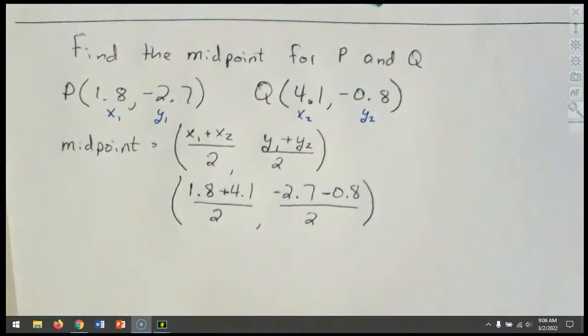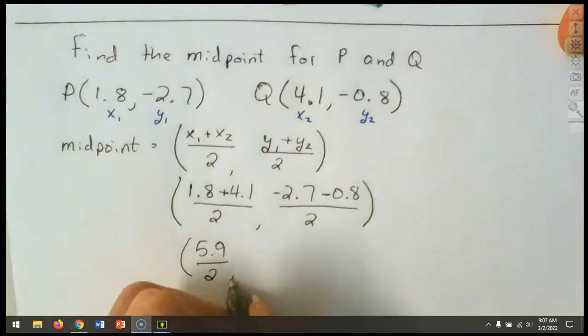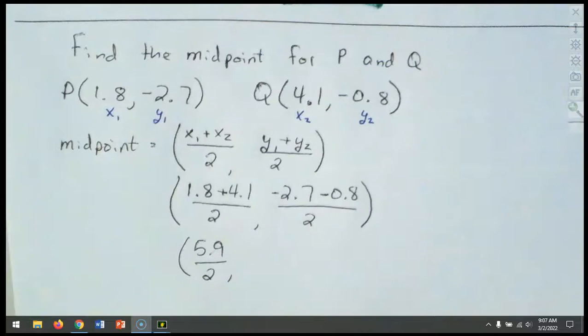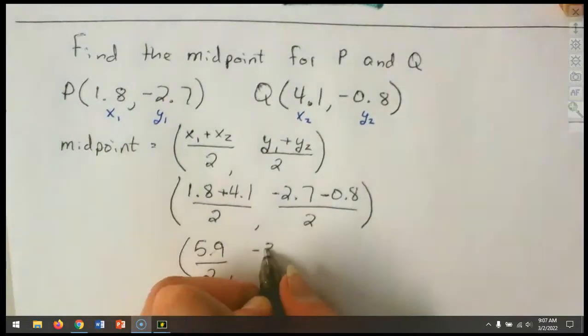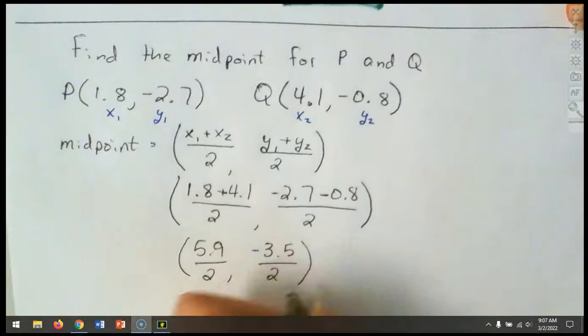So we're going to go ahead and just add these together in the numerator, divide to get the denominator. So add them together in the numerator. First one is 5.9 over 2. The second one, those go together, is 2.7 plus 0.8. So that's a minus 3.5 over 2.